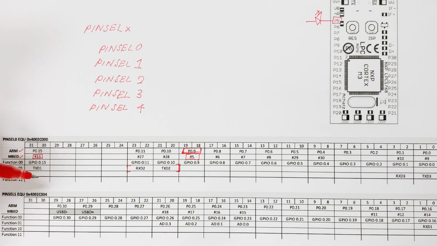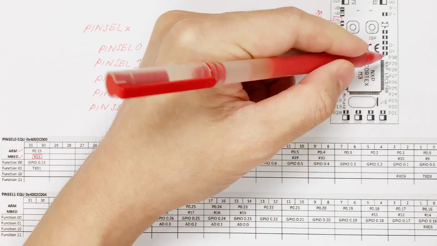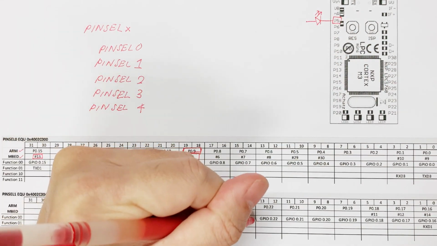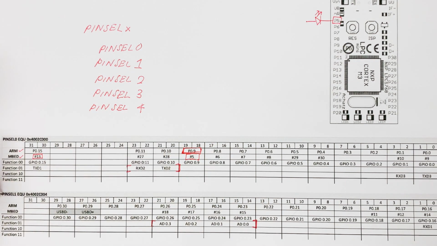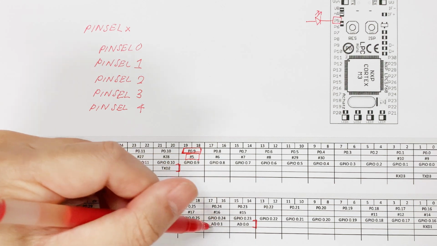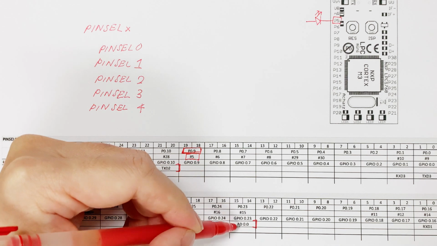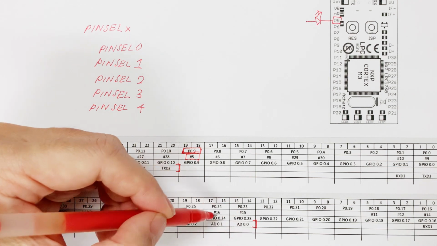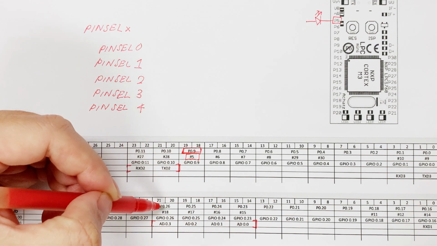For the analog to digital converter that we learned in the previous video, if you would like to connect any analog sensors to the microcontroller, you can find 4 analog input pins in the pin select 1 register: analog input 0, analog input 1, analog input 2, and analog input 3. Analog input 0 is physically connected to port 0.23, and analog input 1 is port 0.24, and so on.